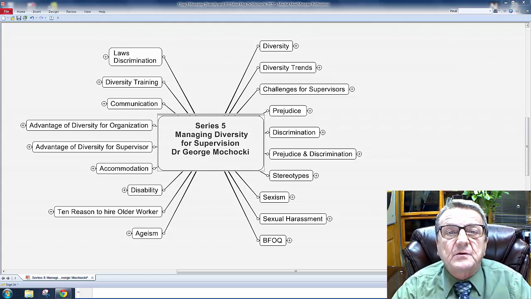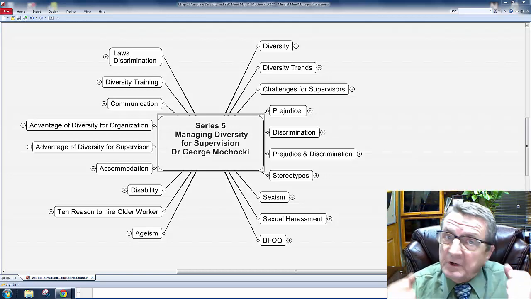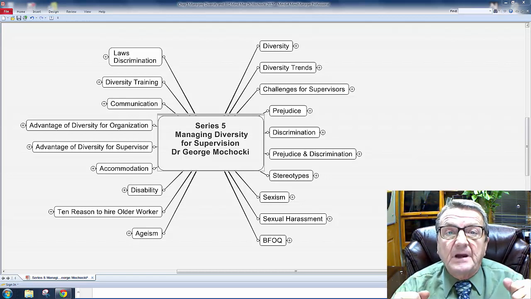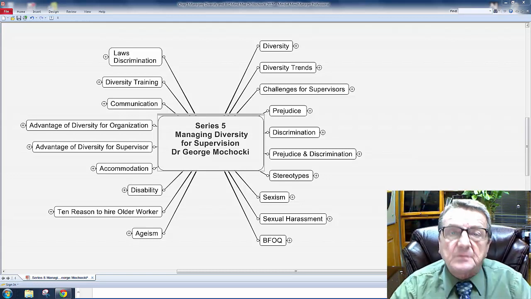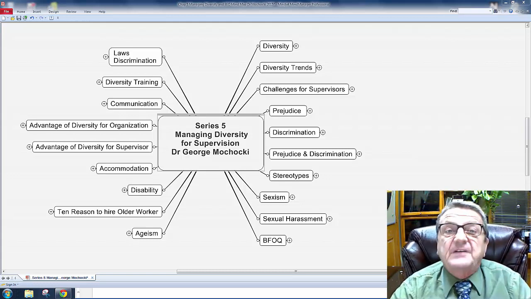It is important, since you're the one who will be managing a diverse workforce, and you're the one who's going to bring diversity into your team and also help other team members communicate, try to overcome certain prejudices that people come in with, try to minimize and eliminate zero-tolerance policy violations and discrimination, and understand the effects of stereotyping, sexism, or sexual harassment that occurs or leads to a sexually hostile work environment.